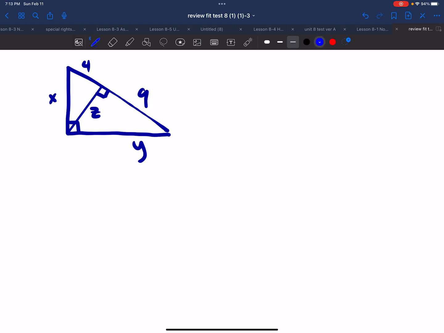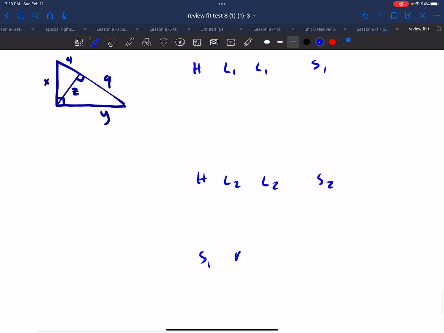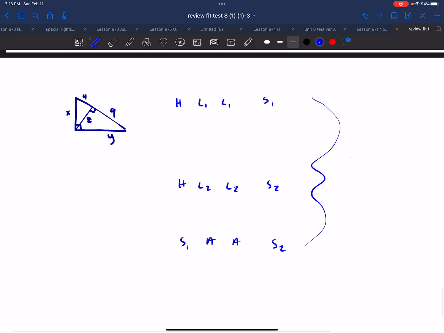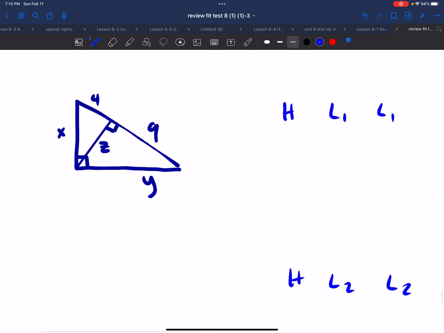Okay? Always, always write H, L1, L1, S1, H, L2, L2, S2, and then segment 1, altitude, altitude, segment 2. Okay? This is your organizer. But you can't organize without labeling the figure, so let's label.